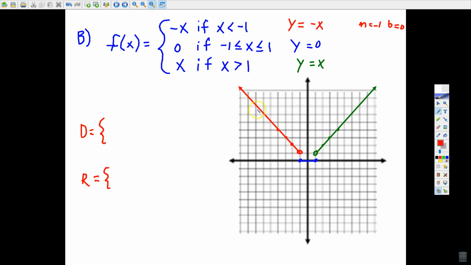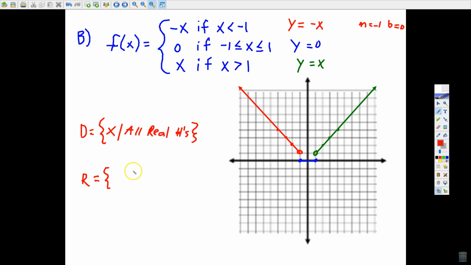And I hope you see that the answer is yes, because the red is going from -1 forever left, the blue connects the two, the green goes from +1 forever right. So we've involved every single number that would exist on the x-axis. And so we'll state it this way: all x such that we have all real numbers.